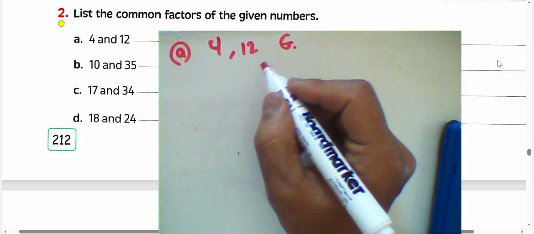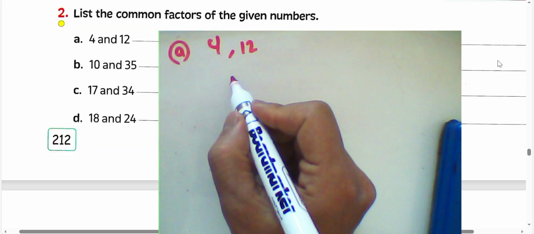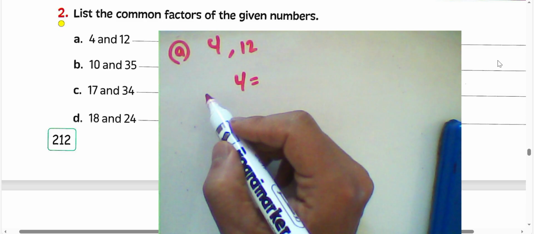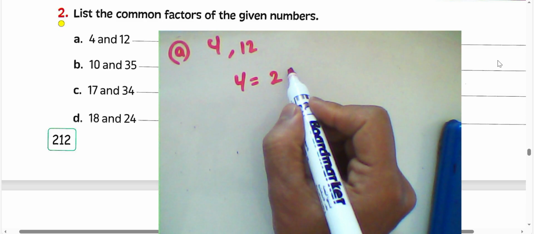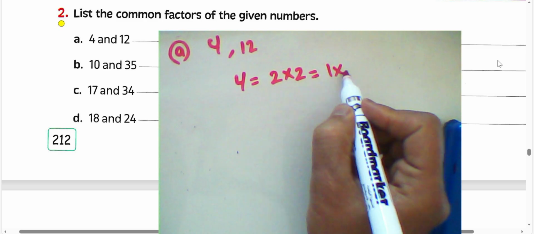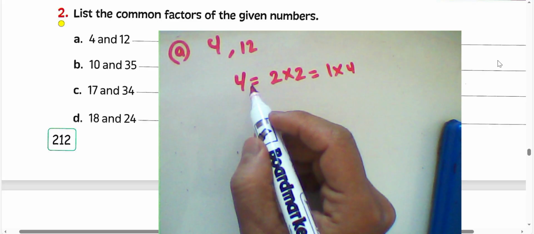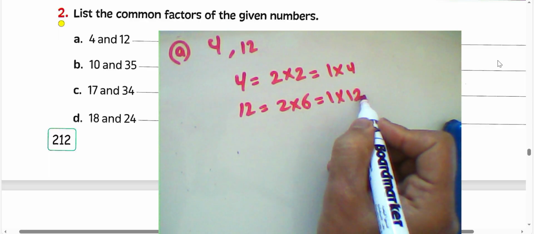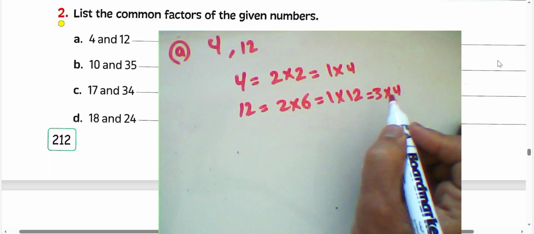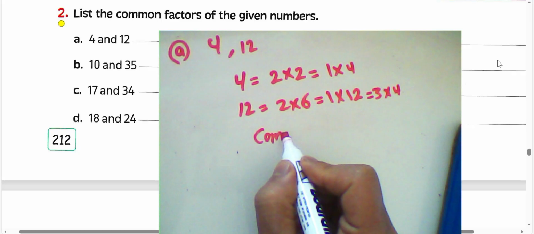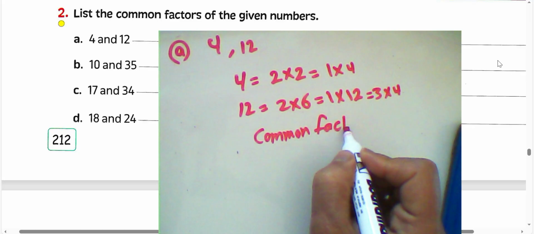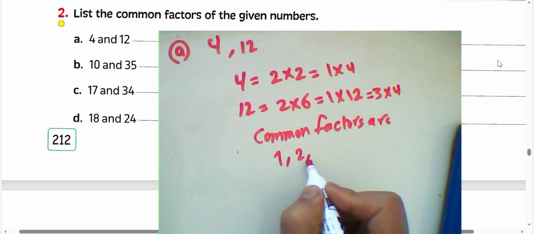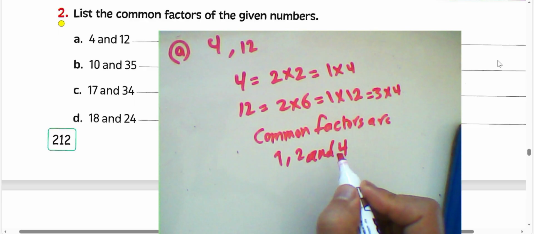So 4 equals 2 times 2 and 4 times 1, and 12 equals 2 times 6, 1 times 12, 3 times 4. The common factors are 1, 2 and 4.